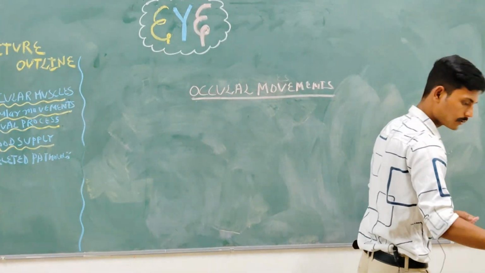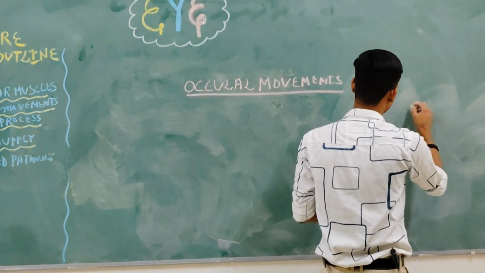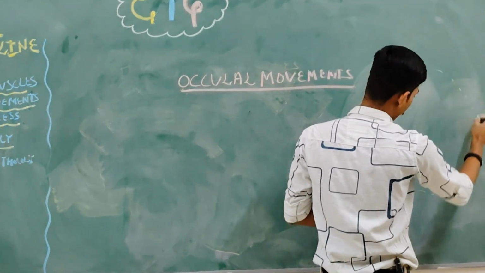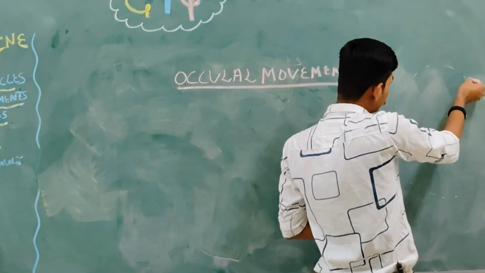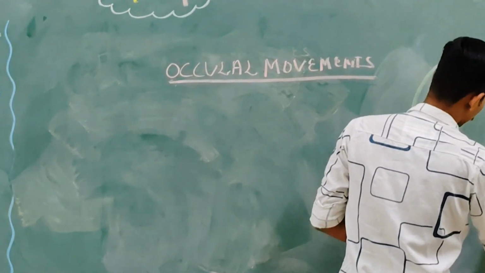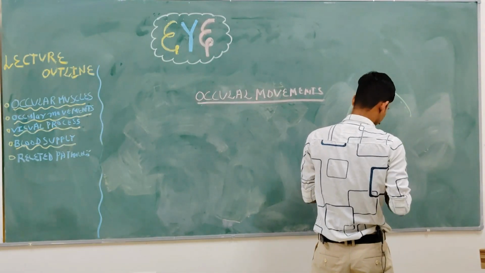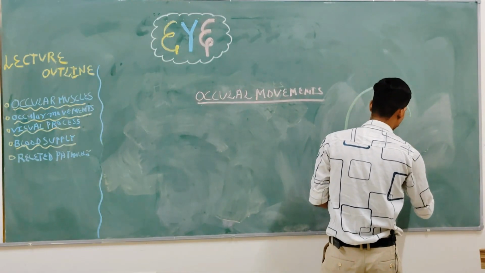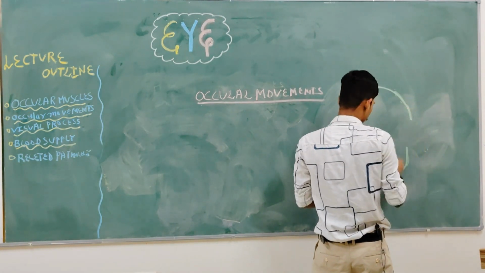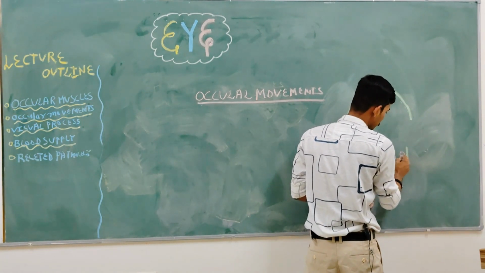First, I should depict the structure of the eye and how these muscles are present. Here is your ciliary muscle.